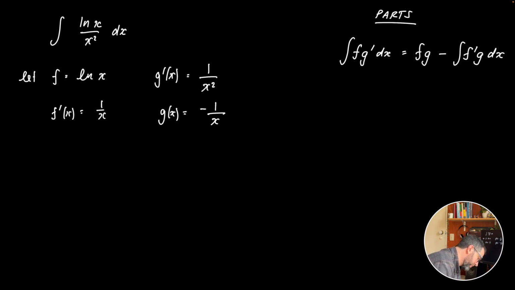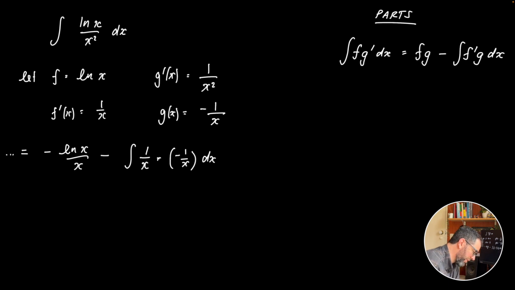So now you can see that my integral overall is going to be f times g, so negative log x over x, minus the integral of f prime times g, which is negative 1 over x as well, dx.